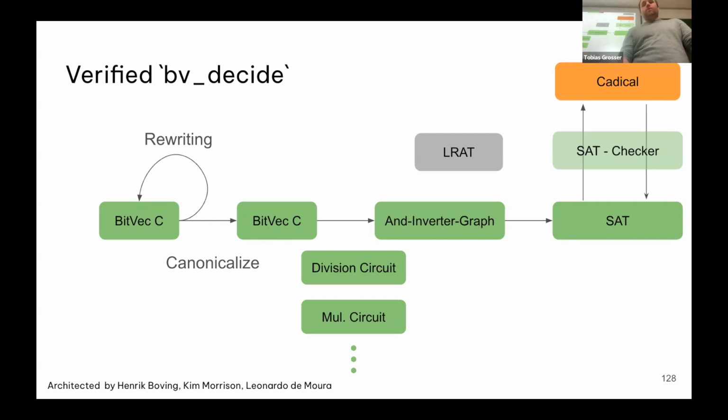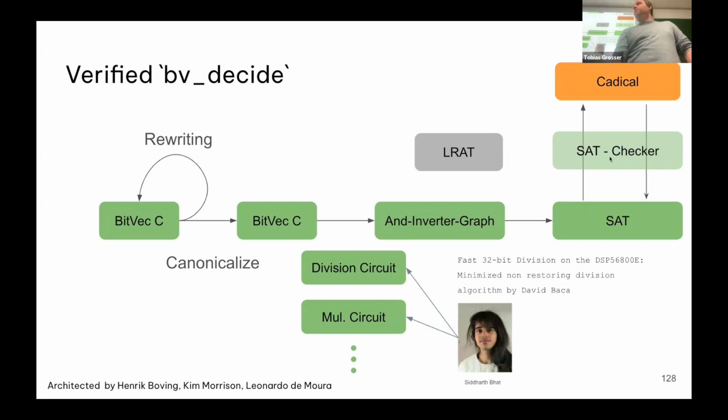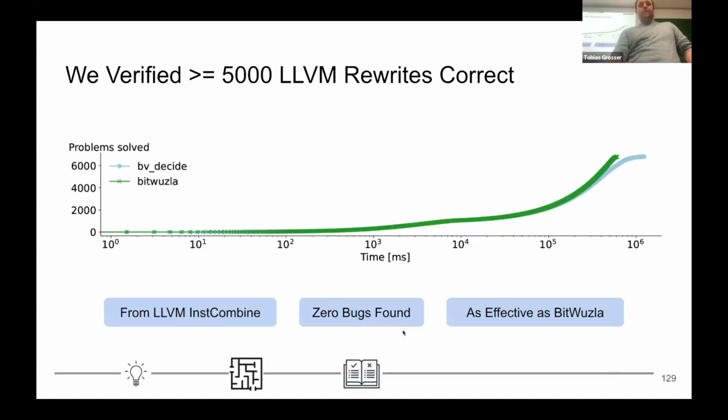All of that, what is green here, is formally proven in Lean. So you don't actually need to validate any of the steps, because you have proven them in all generality. The only thing that you computationally need to run is either applying these theorems or checking in the end. And Siddha did a lot of the proofs on the division, on these circuits.